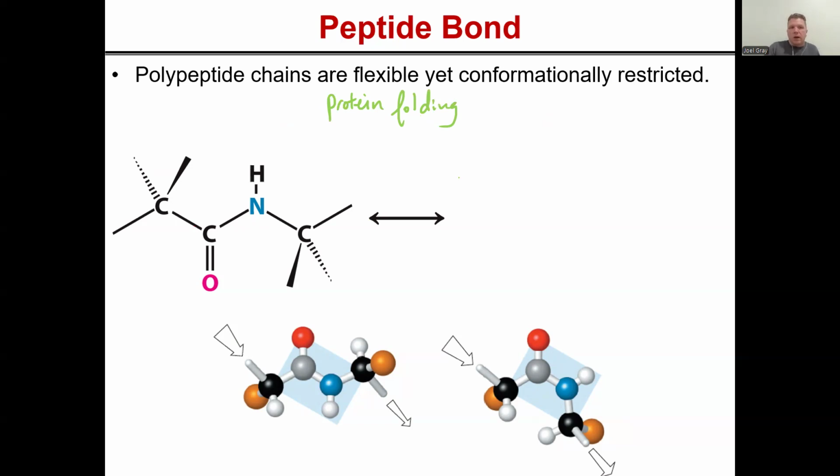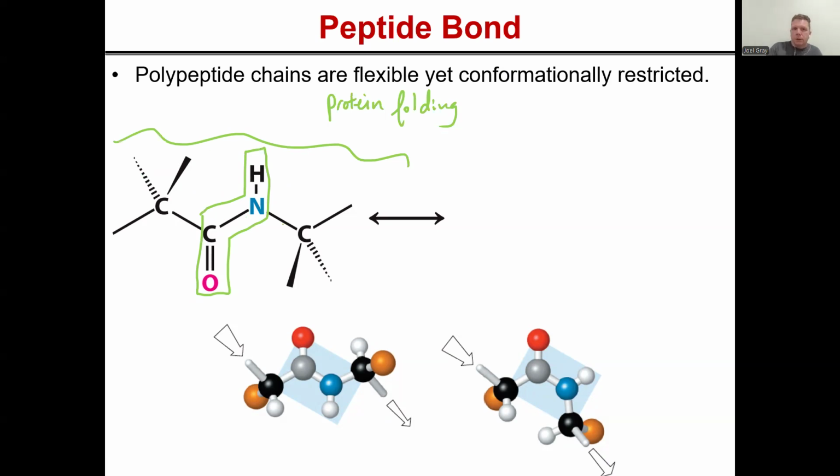Now, if we look at this molecule right here, we need to look at a couple of different bonds. It's important to be able to look at this and identify the peptide. Your peptide bond is this bond right here, between carbon and nitrogen, because the convention whenever we're looking at a protein or an amino acid is we read it in the N to C directionality.